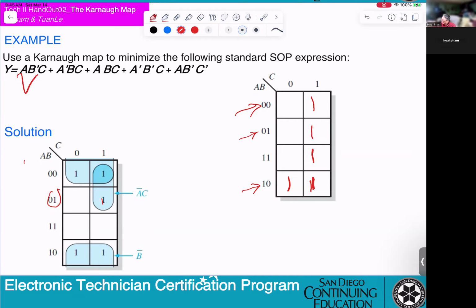A, not B, C. A, B, C. A, not B, not C. A, B, not C, not.